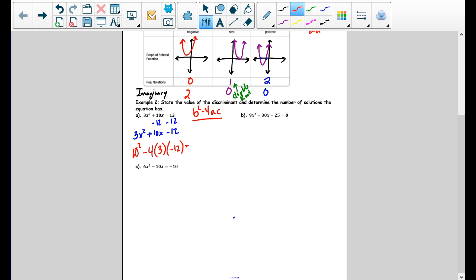So we plug that into our calculator. And again, we can plug in the whole thing just like we see it, just like we did in the quadratic formula. So 10 squared minus 4 times 3 times negative 12. And that gives me 244.